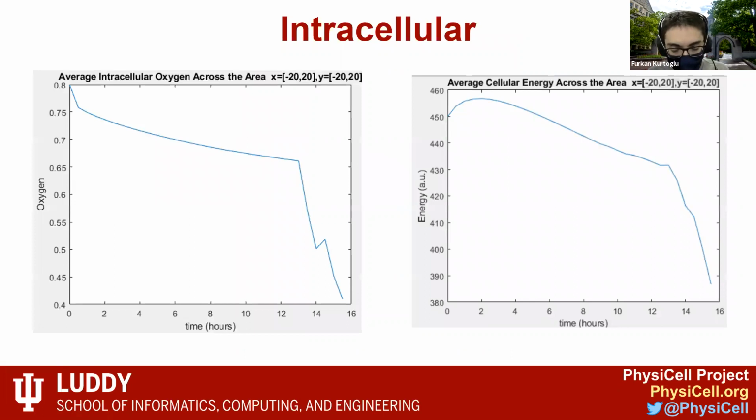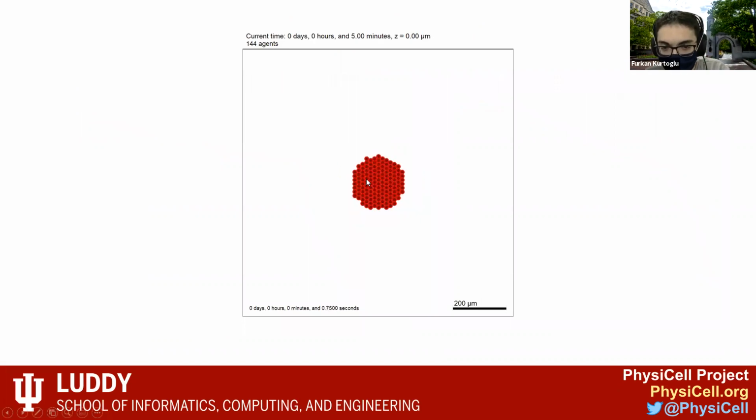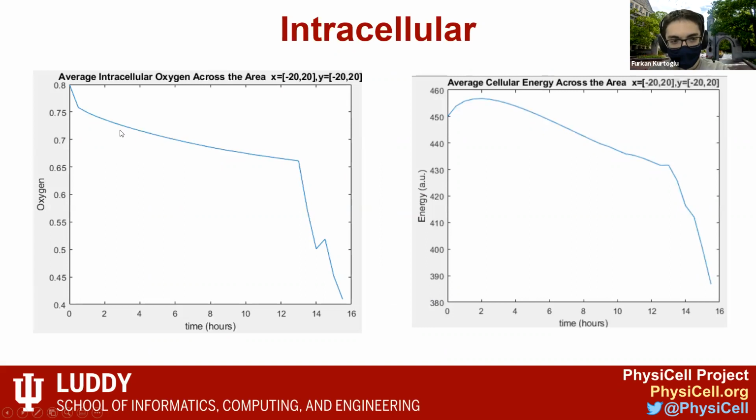Also, in the sample project, you will see a MATLAB file that can visualize the temporal data of a certain area. Here, I just looked at negative 20 to 20 by negative 20 to 20, just a square in the middle. And this is the average intracellular oxygen, and as you can see, oxygen is decreasing through the simulation.